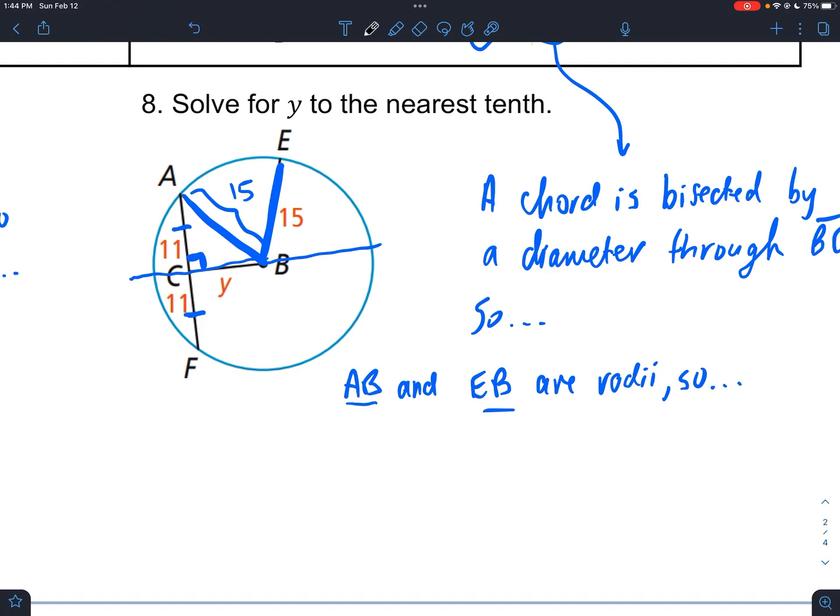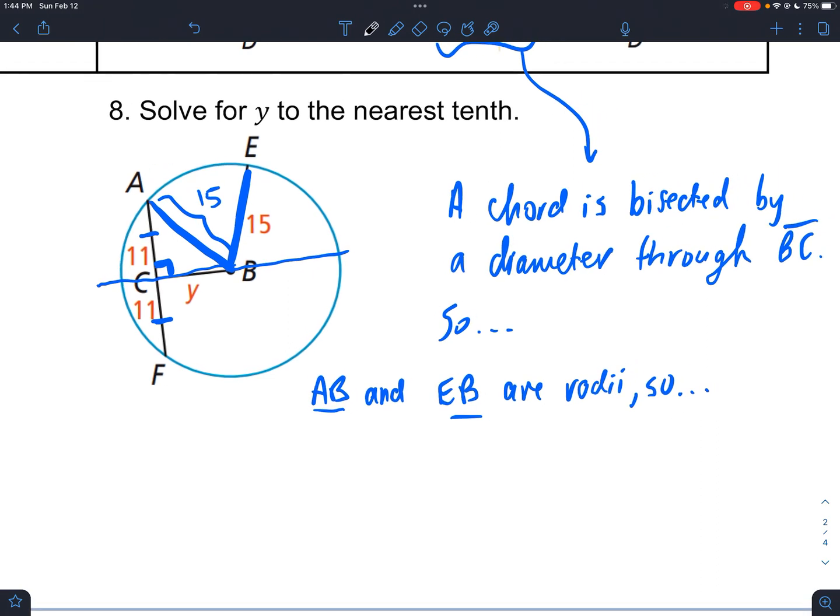And so to fill in what I've written earlier, if the chord AF is bisected by BC, a diameter, then the two are perpendicular, which is why I wrote that right angle symbol. And then if those are equal radii, then their lengths are both equal to 15.